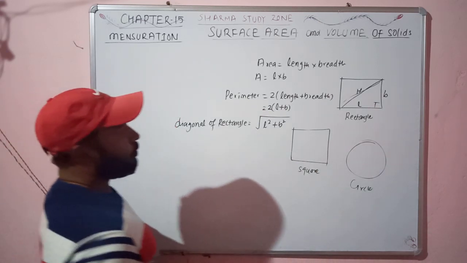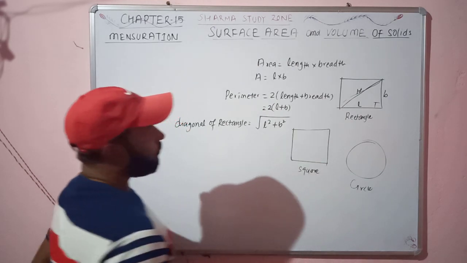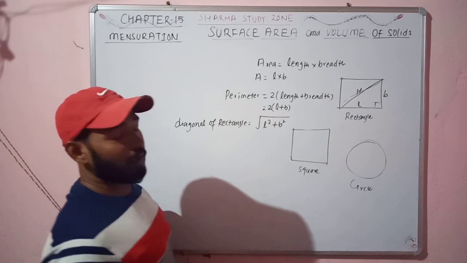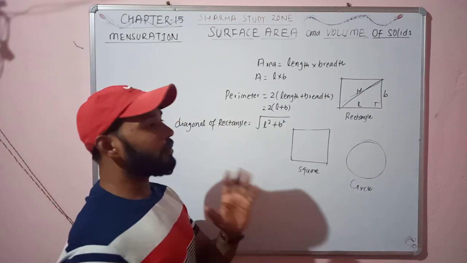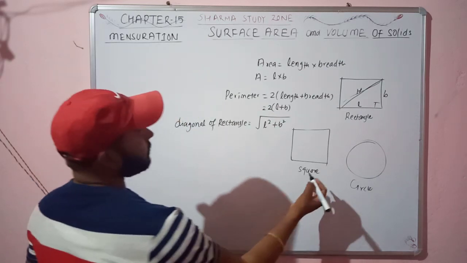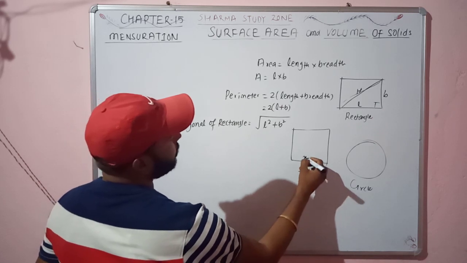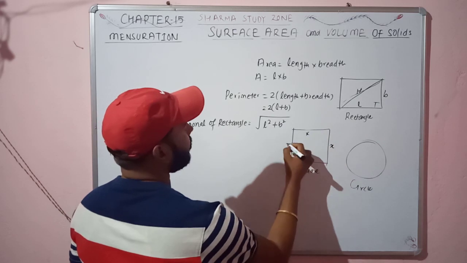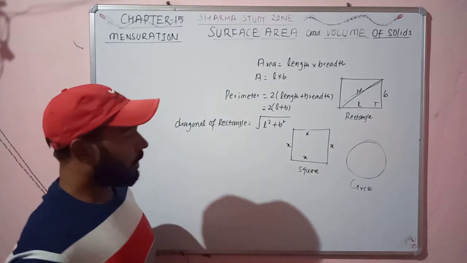Before starting the formulas, we need to understand the property of a square. What is a square? A square is a type of rectangle in which all the sides are equal. Suppose we take the sides as x and x. It means all the sides are of x unit.